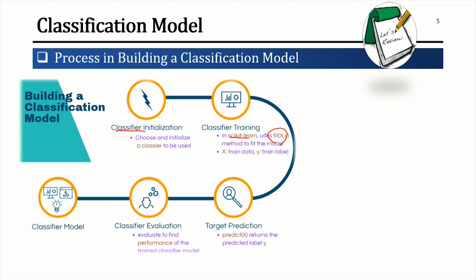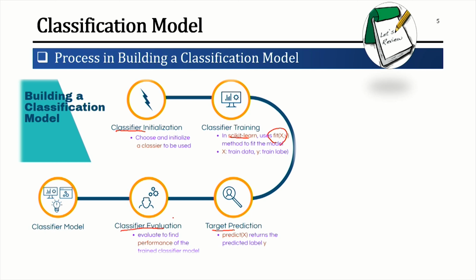Then in the third process, we need to predict on new data, and then we have classifier evaluation in the final process, so that we can evaluate whether the performance of the classifier is high or meets our criteria. If it passes our criteria, we will select this classifier.